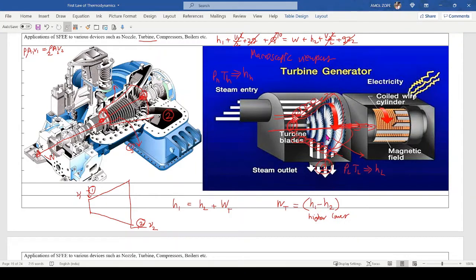So in the turbine we get work at the expense of enthalpy. The enthalpy reduces. The reduction in the enthalpy is equal to the work output of the turbine.